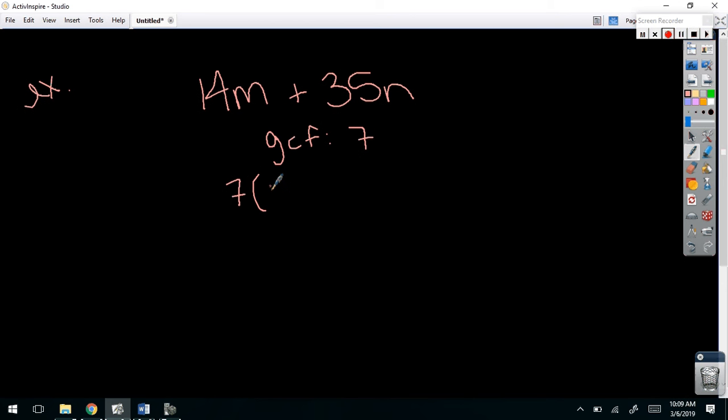Yeah, that's right. Now M, because the M's still there, plus what? 5N. That's the answer. They were different variables. Remember y'all asked, what if the variables are different? If the variables are different, it's not a GCF.